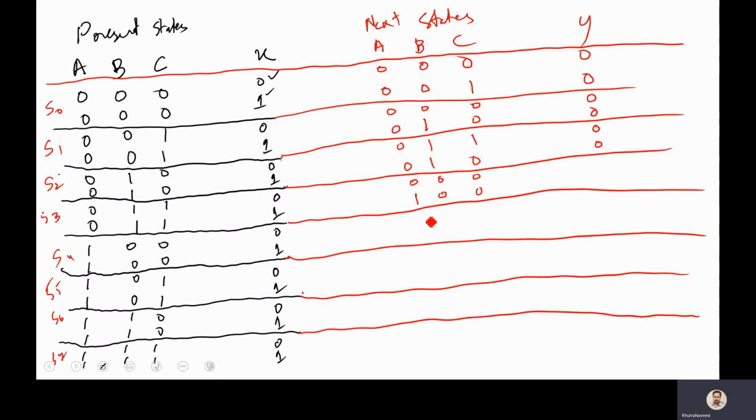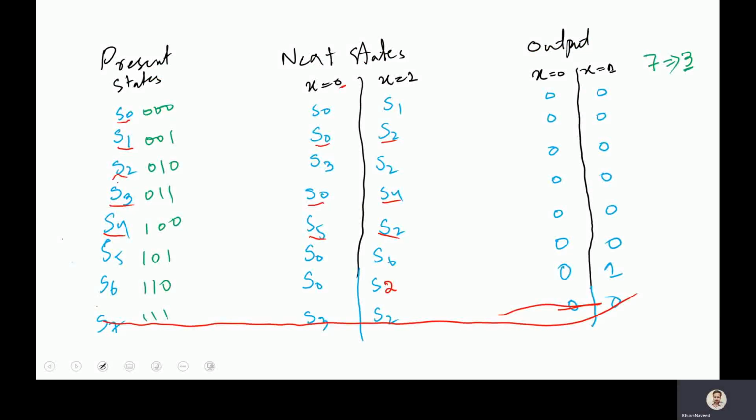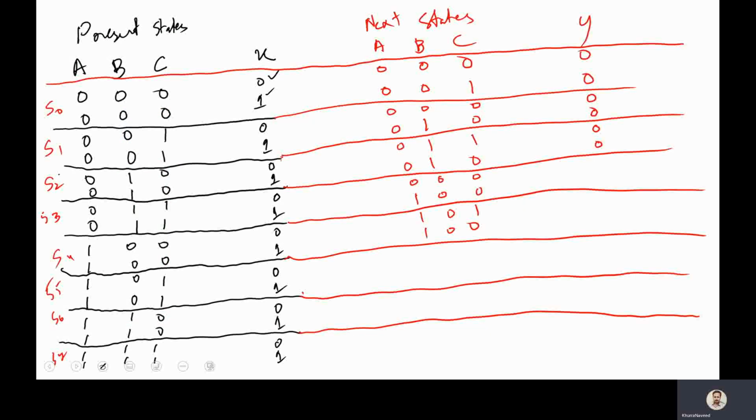S5 means 1, 0, 1, and S2... I think it is S2, not S4. This is a mistake, so let's correct it. It is actually S2, and we should write 0 1 0 here. And output in these cases is 0.